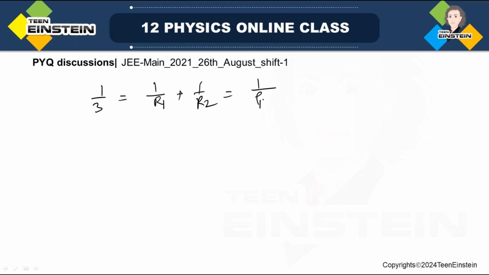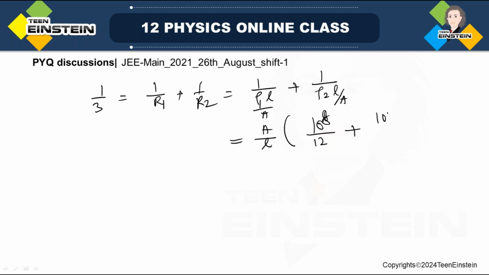Rho 1, let us write rho 1 L by A plus 1 over rho 2 L by A. So A by L, let us take this common. This is 12 micro ohm centimeter, so 10 to the power minus 8 over here, and here 10 to the power minus 8 divided by 51.